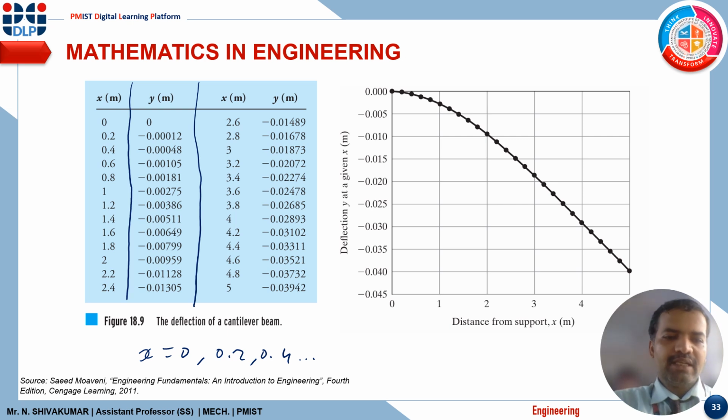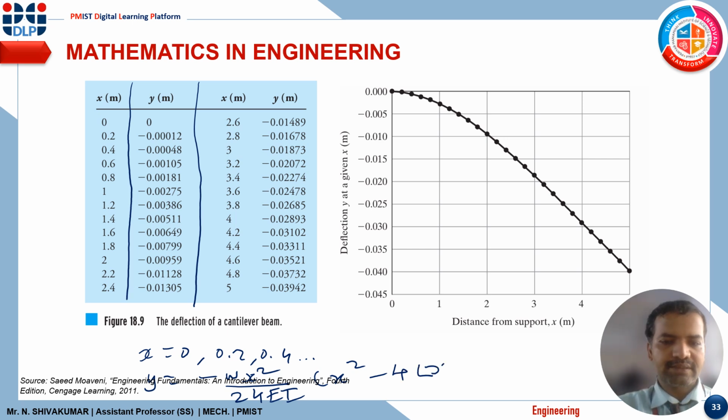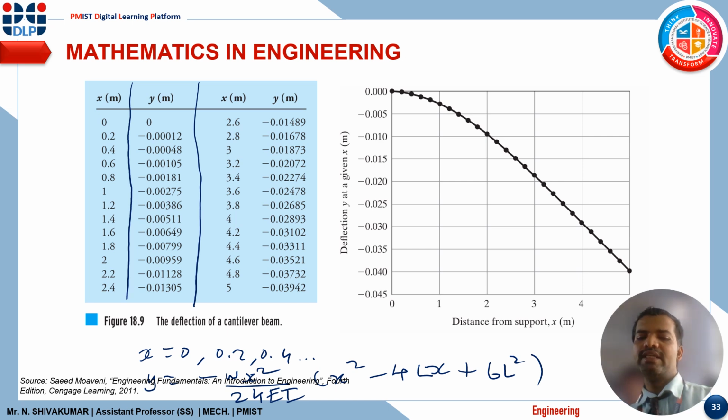So the deflection equation y equal to minus w x square divided by 24 EI into x square minus 4L x plus 6L square. So this is the deflection equation where x value is changing. Okay. So x value is changing from 0, 0.2, 0.4, 0.6, 0.8 like that.